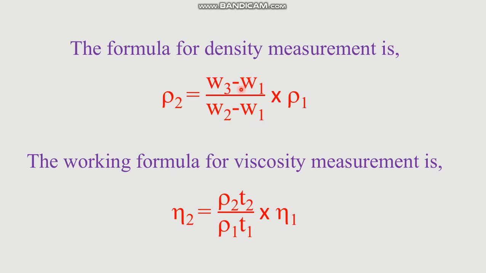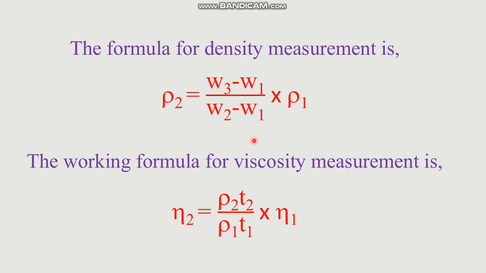Only the masses are left behind. So this is actually the ratio of the densities, which is ρ2/ρ1. And if you take this ρ1 from the denominator to the right hand side by cross multiplication, it will come to the numerator here. So this is the expression of density.